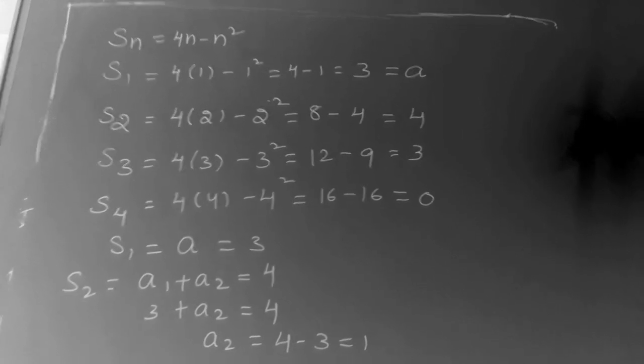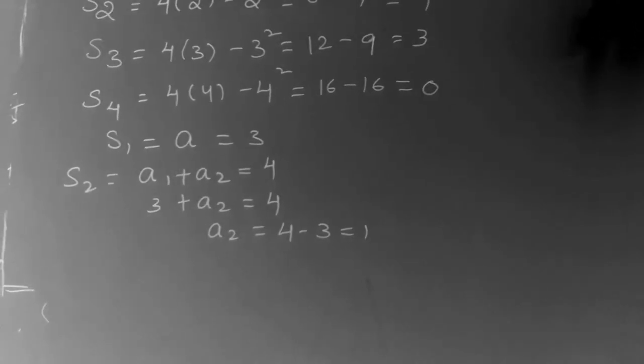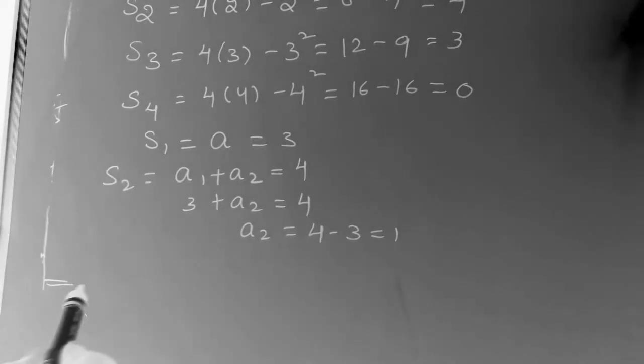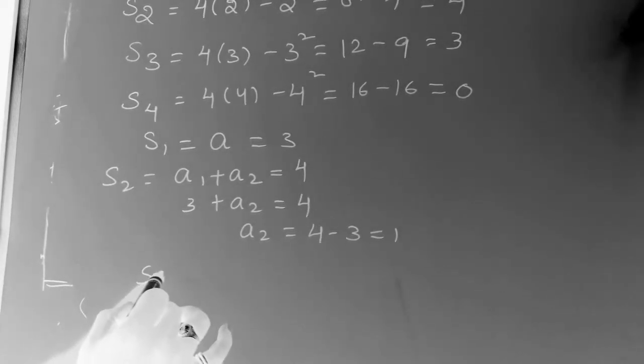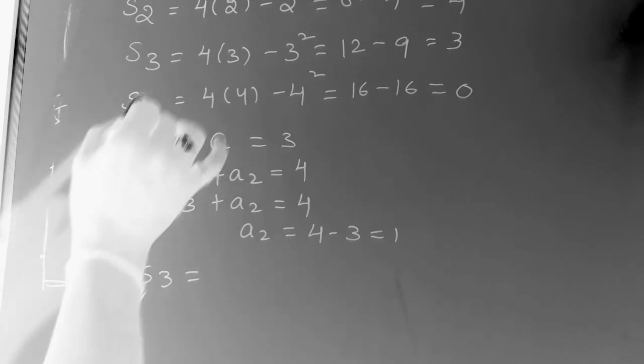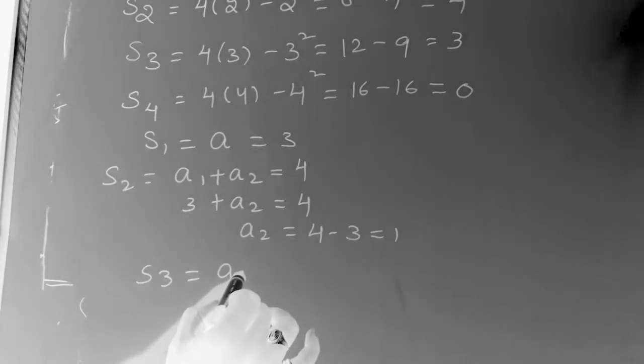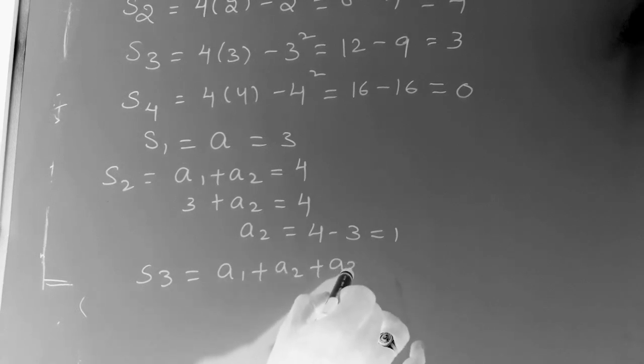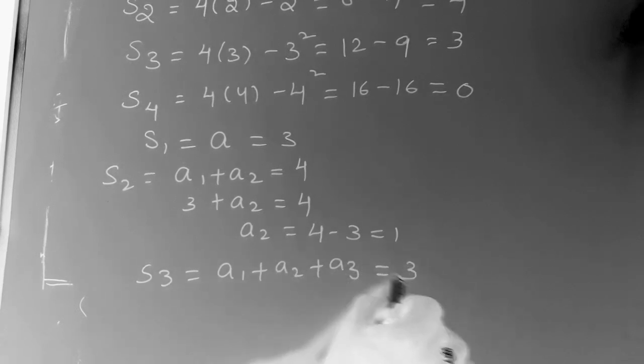Similarly, we have to find the third term of the series. The sum of three terms is given, that is A1 plus A2 plus A3, the sum of first three terms equal to 3 here.